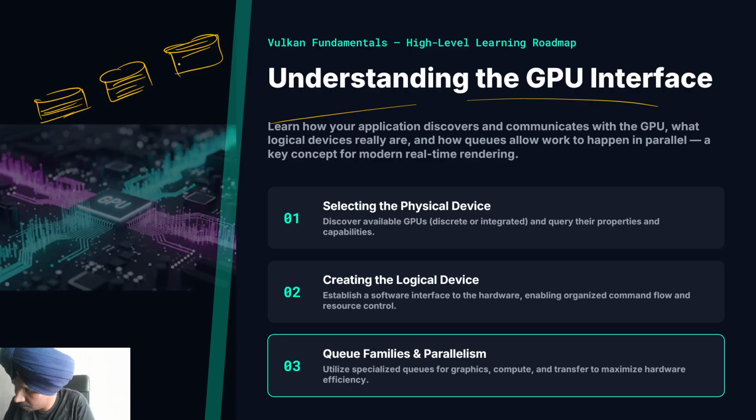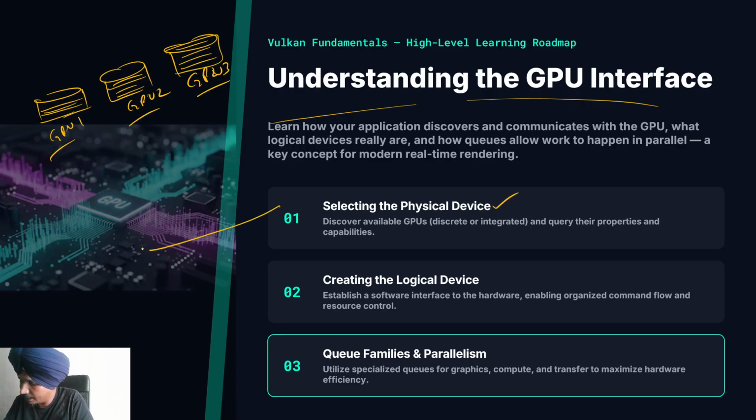Let's suppose this is GPU 1, GPU 2, this is GPU 3. Okay, so selecting a device means that you can select device 1, you can select device 2, you can select device 3.